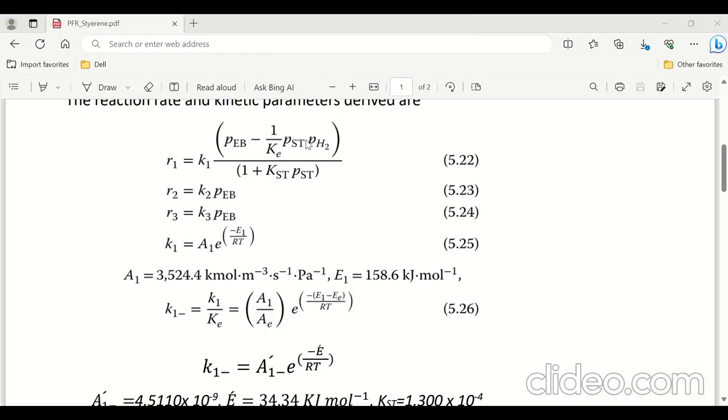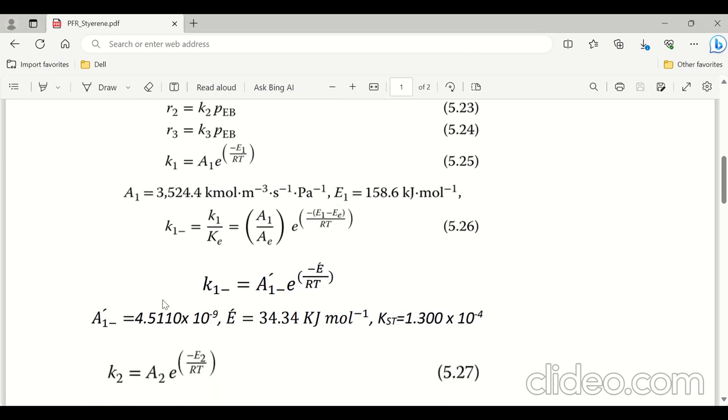Okay, now we have to enter the data for the reverse reaction, which is K1 by Ke PST PH2. We defined this K1 by Ke as K1 dash, which is given by this equation, and the values of A1 dash and E dash are given.